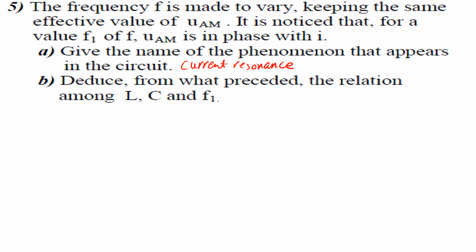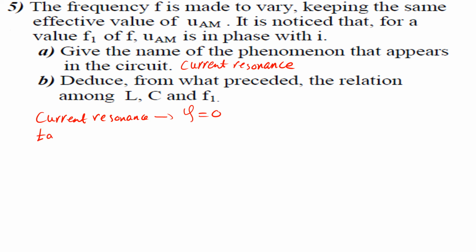Now, deduce from what preceded the relation among L, C, and F1. Okay, when we have current resonance, then they are in phase, so phi is equal to 0. There is no phase difference. If I replace in the previous formula, I will rewrite the formula.